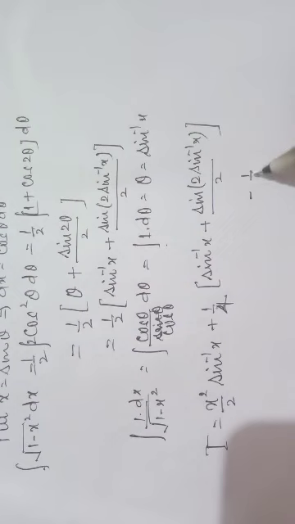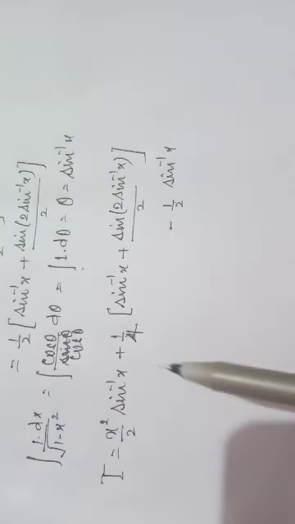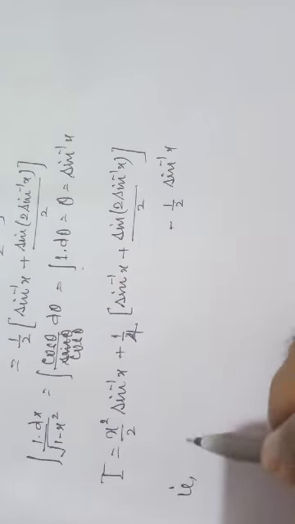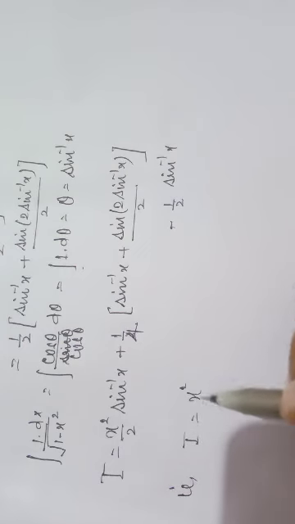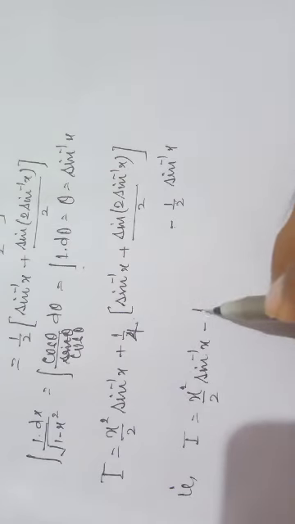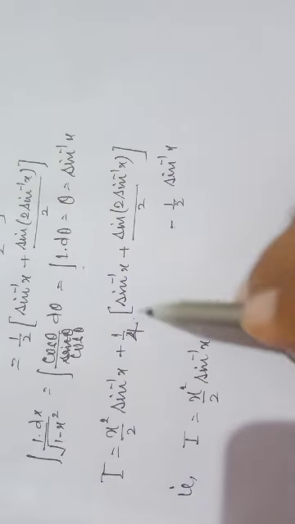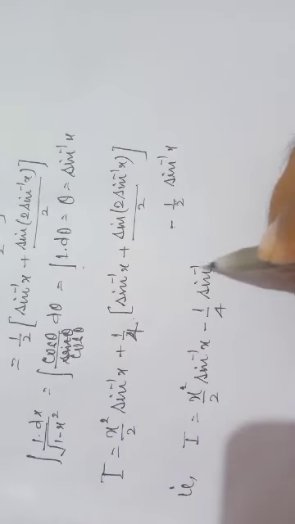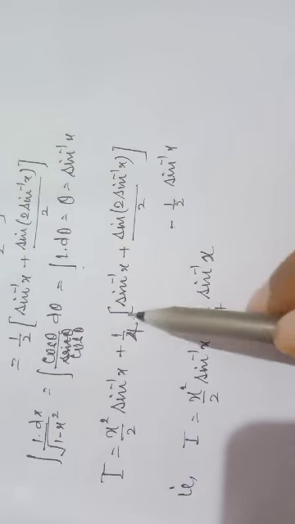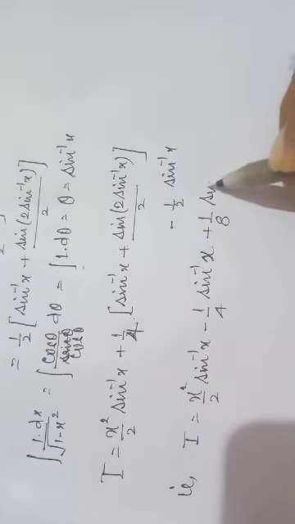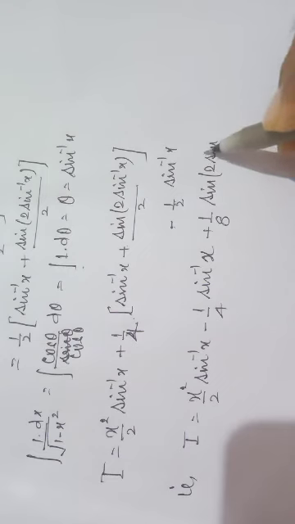So minus 1 by 2 sine inverse x. Now simplify further. 1 by 4 sine inverse x minus 1 by 2 sine inverse x, that is I is equal to x square by 2 sine inverse x minus 1 by 4 sine inverse x, taking 4 as LCM between these two terms, and this term will be 1 by 8 sine of 2 sine inverse x.